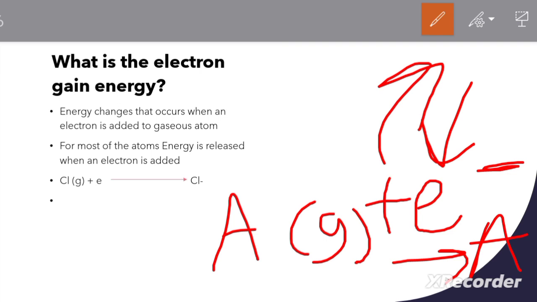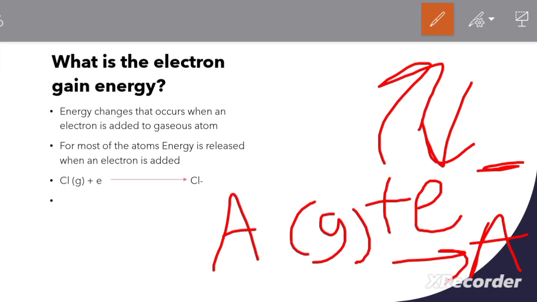There are conditions. The atom should be in the gaseous state to accept an electron. First electron gain energy means taking one electron. Second electron gain energy means taking an electron by a monovalent anion, right?